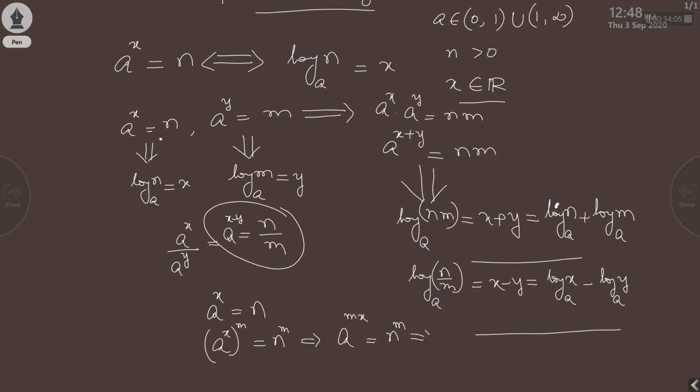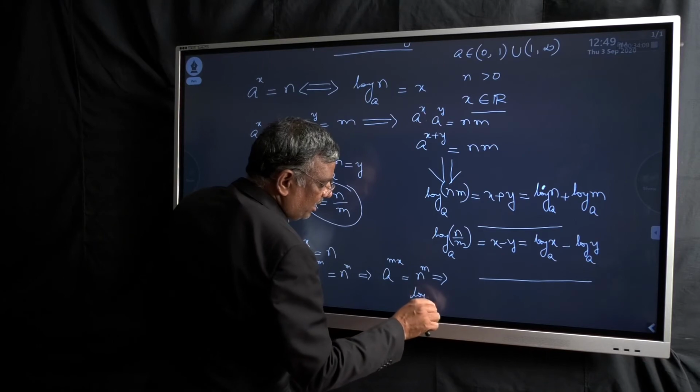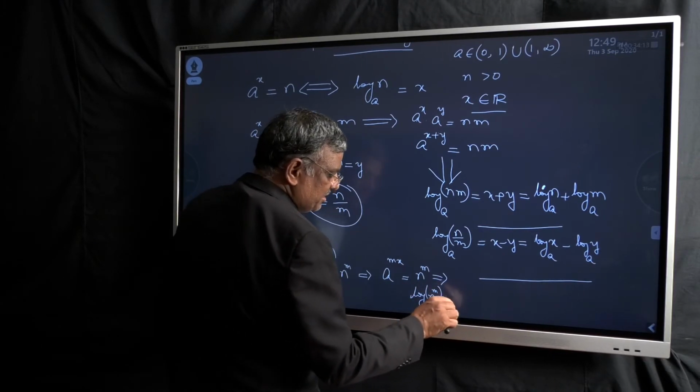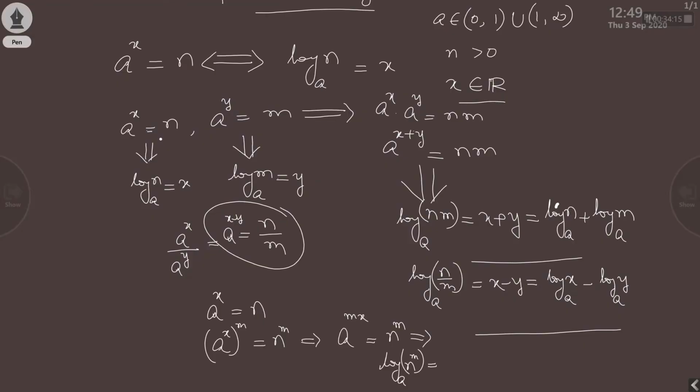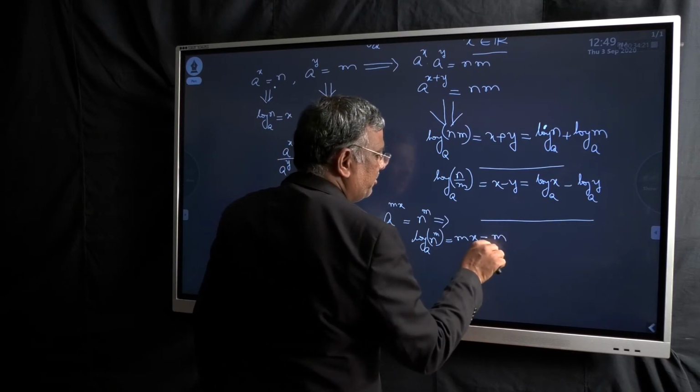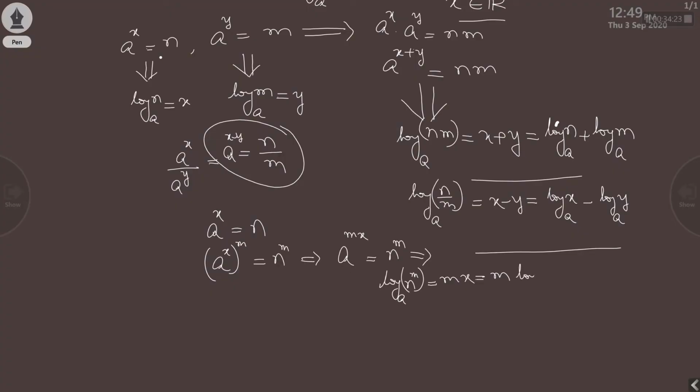So from here, when you apply the logarithmic definition, logarithm of n to the power m to the base a is equal to mx. This is the same as m into x, which is nothing but log n to the base a.